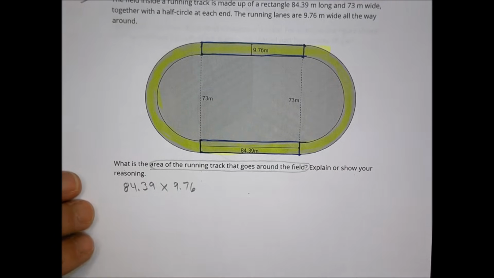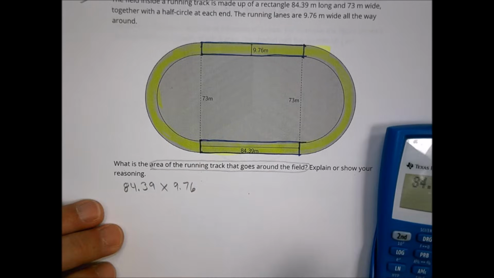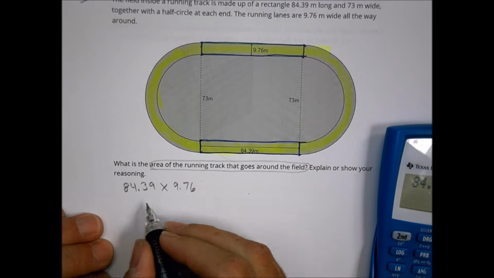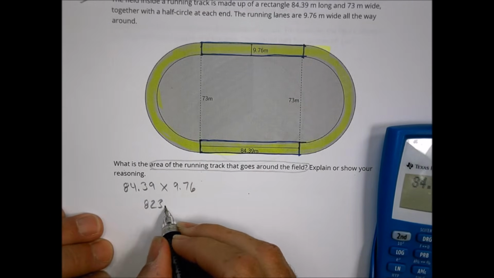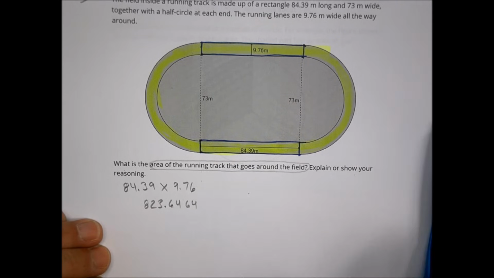And so 84.39 times 9.76 is going to give me 823.6464, and there are two of those, right?